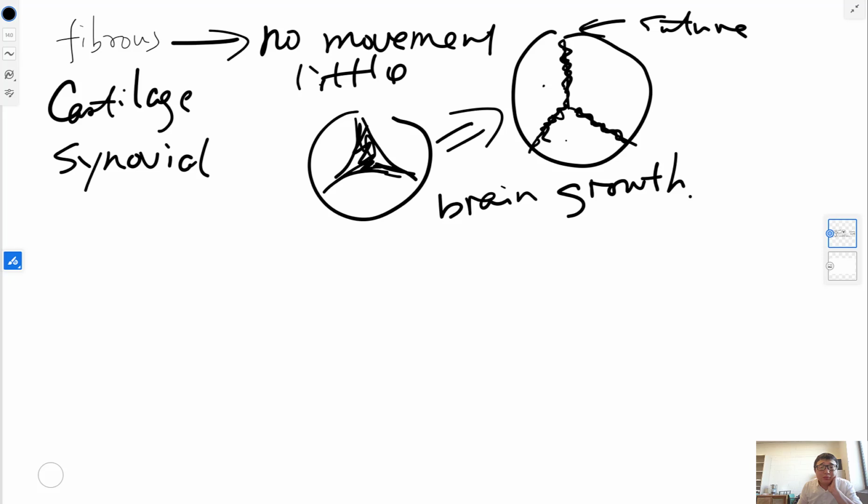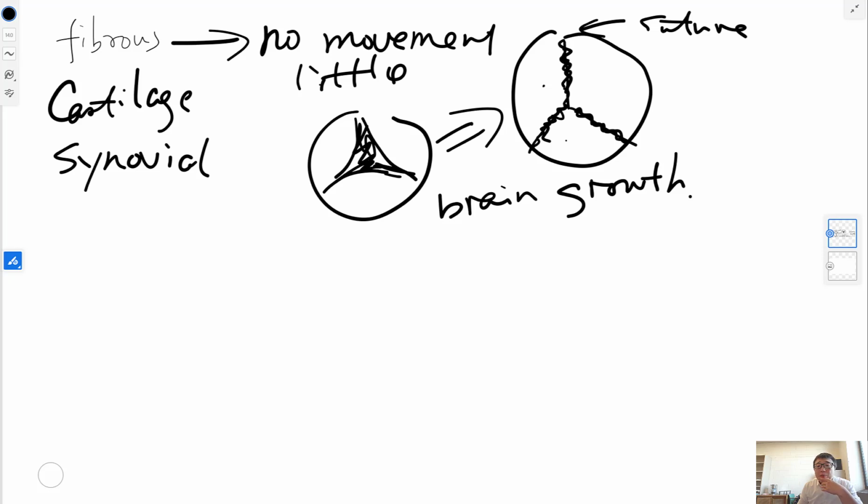When the suture is fused up, the skull has almost no capacity of growing larger. So if the suture fuses before the brain finishes growing, it's called premature suture fusion.